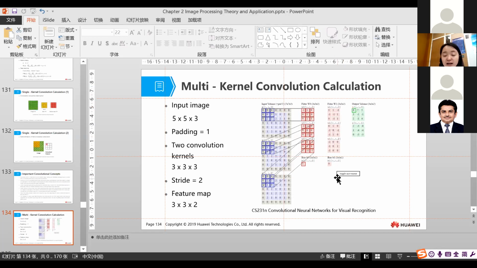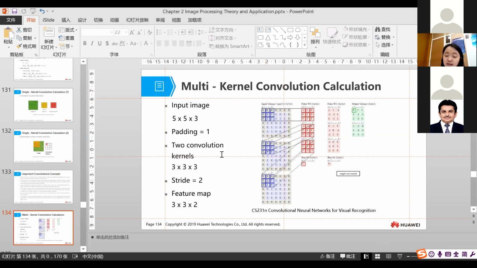We can use another kernel, W1, to extract information from the image and get another feature map. So here we use 2 kernels, and the output will be 2 feature maps. That is multi-kernel convolution calculation.